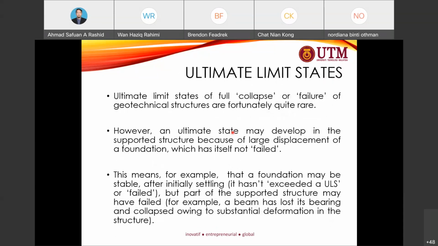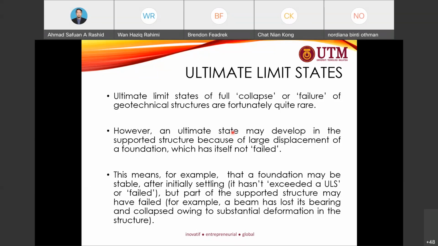Ultimate limit states of a full collapse or failure of the geotechnical structure are fortunately quite rare. It's very rare to happen if we apply a good, adequate factor of safety. However, an ultimate state may develop in the supported structure because of large displacement of a foundation, which has itself not failed. This means, for example, that a foundation may be stable after initially settling, so it has not exceeded a ULS, but part of the supported structure may have failed.